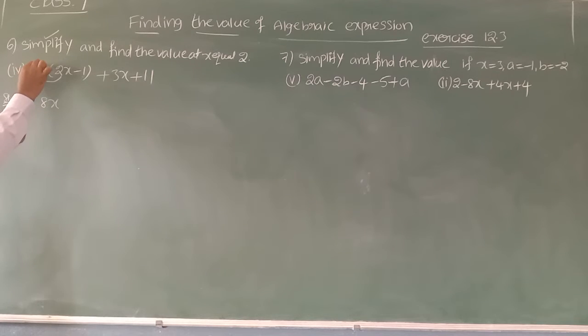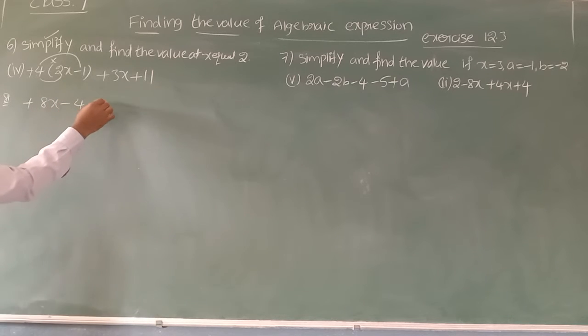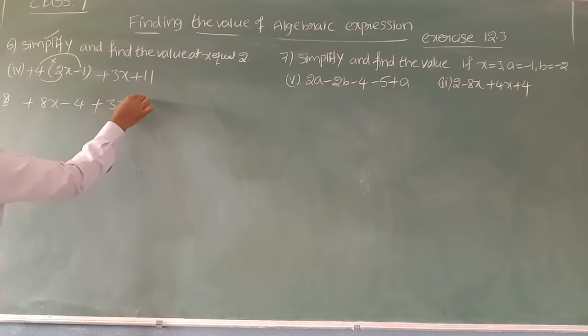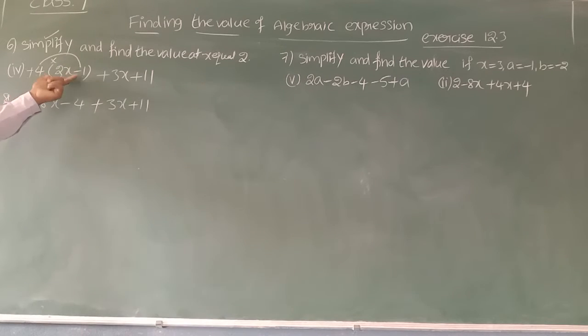Now multiply the monomial with the second term. First the symbols. Here no symbol, so plus. Plus into minus, minus. 4 ones are 4, so plus 8x minus 4, plus 3x plus 11. We opened the bracket. So that is the way we open the bracket, by multiplying with its coefficient.